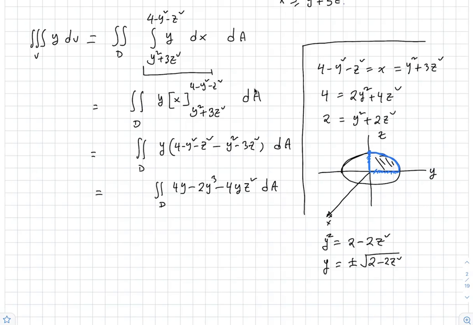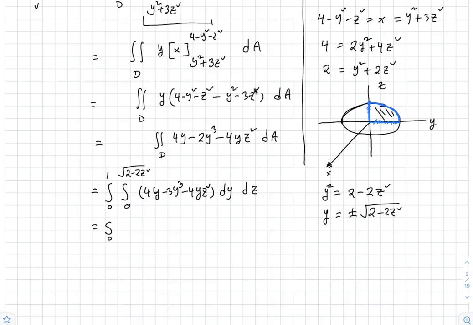So let's identify the other way from this part. Okay, so what we can see here is that we can just evaluate this double integral. The y limit will be from 0 to square root of 2 minus 2 z square, and the z limit will be from 0 to 1. We can integrate 4y minus 3y cube minus 4y z square with respect to y, and then with respect to z.